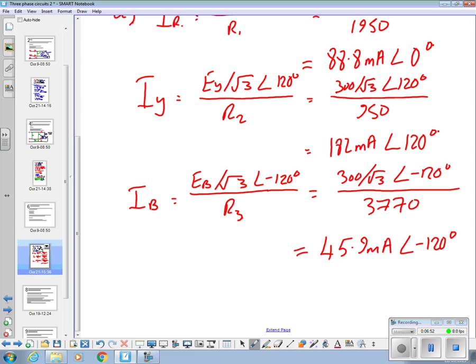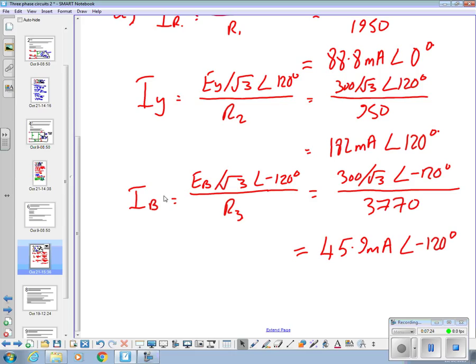I try to distinguish between the voltage that is from a source, like a battery or a generator, i.e. an EMF, an applied force, as opposed to a voltage drop across a load, which I would normally use V as the terminology for.